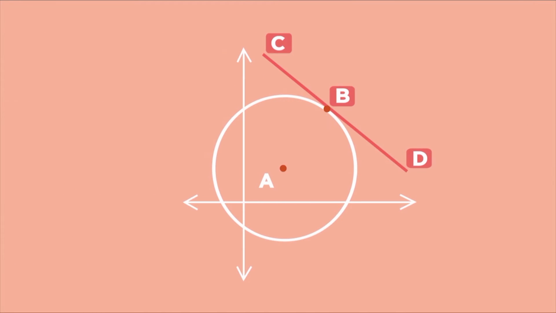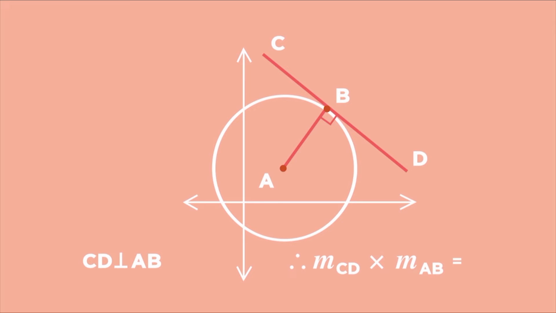In the diagram, CBD is a tangent to the circle with the center A. CBD is perpendicular to the radius AB, so the gradient of the tangent, m subscript CD, times the gradient of the radius, m subscript AB, is -1.